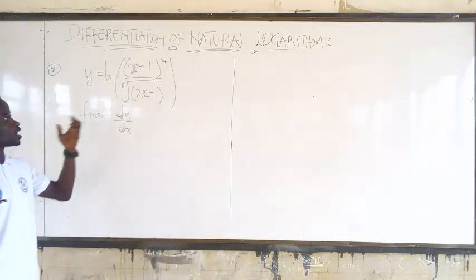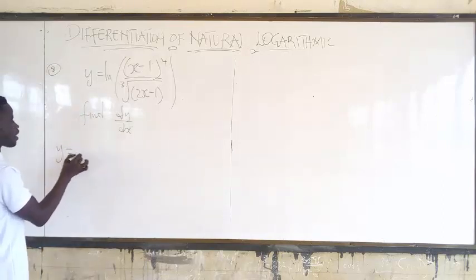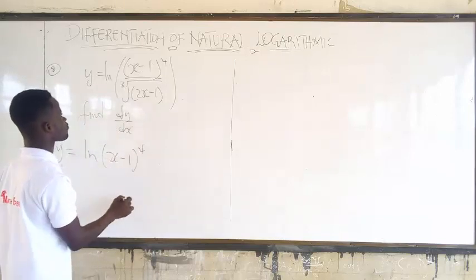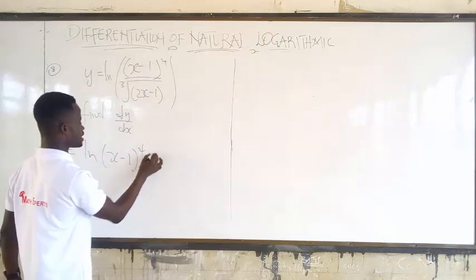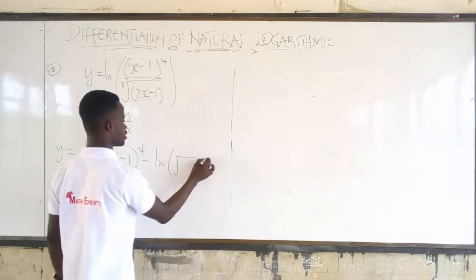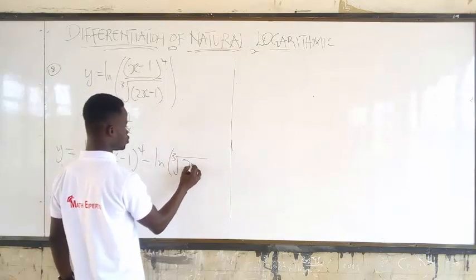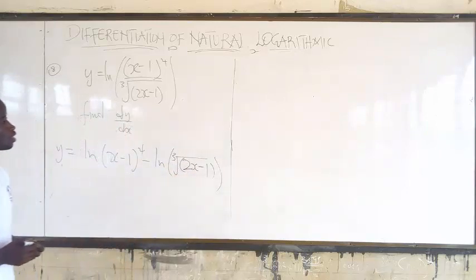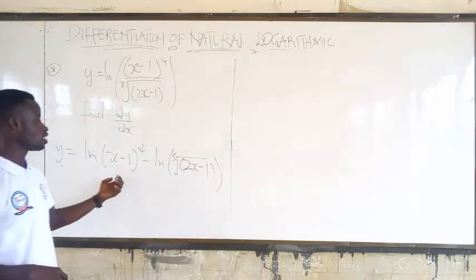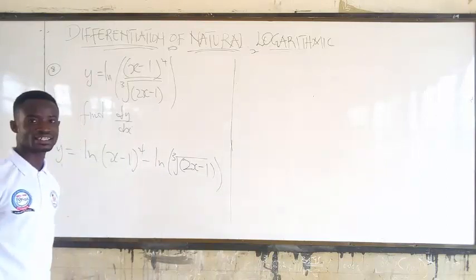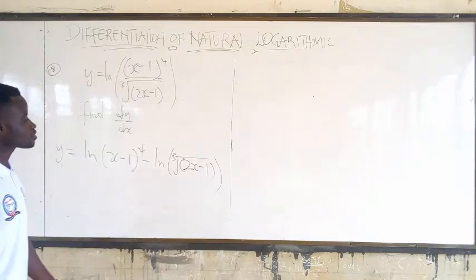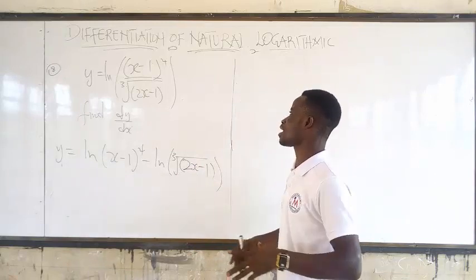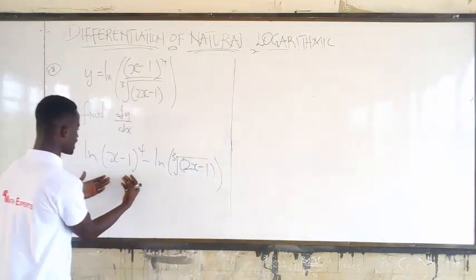So having a question like this, you can say that y is equal to ln of (x minus 1) to the power 4, and since it's divided, minus ln of (2x minus 1) to the power 1 over 3. Then from here you can take your differentiation. When you apply your small algebra, the work becomes too simple for you.